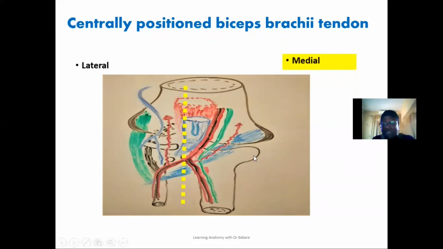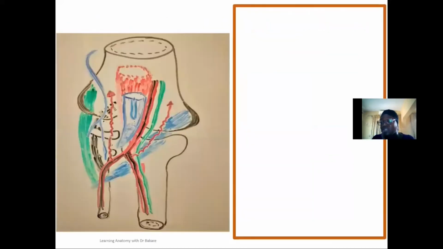On the medial side, we have structures contained in the cubital fossa that are located medial to the tendon of the biceps brachii muscle. And we also have some structures located in the lateral part of the biceps brachii tendon. Let's first take a look at the structures seen at the medial side. Looking at the medial side, the first structure seen very close to the tendon of the biceps brachii is the brachial artery.